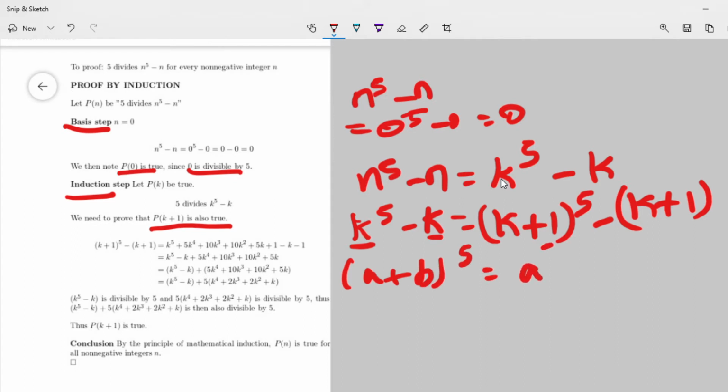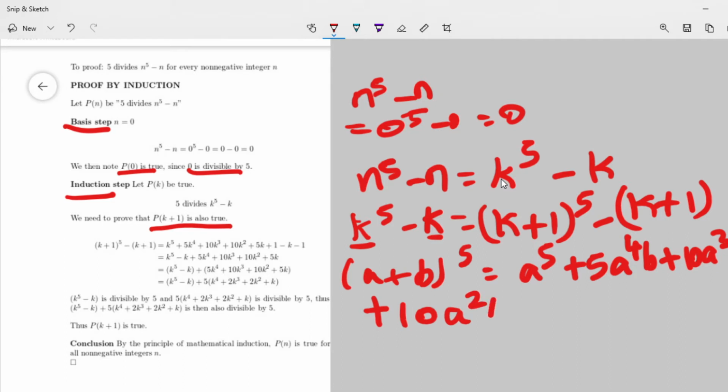That is a^5 plus 5a^4b plus 10a^3b^2 plus 10a^2b^3 plus 5ab^4 plus b^5. So this is the formula for (a+b)^5.